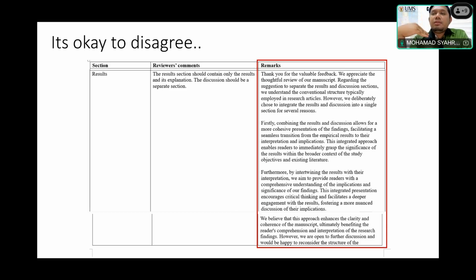Maybe the research was conducted in Africa, for example. We have the Southeast Asian perspective, but in Africa the reality is different. So this is the kind of thing that we learn from other researchers' work.